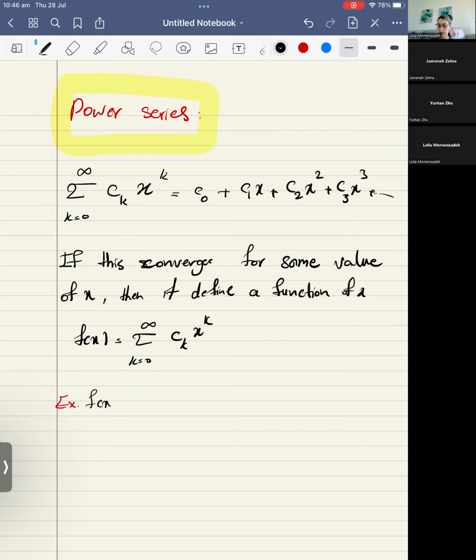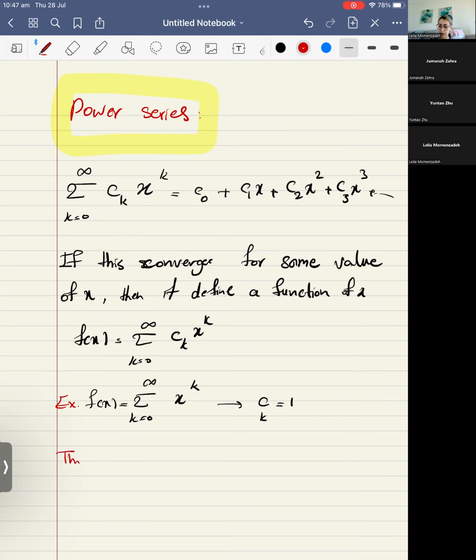For example, f of x is equal to the summation k equals 0 to infinity of x^k. It means now here c_k is equal to 1 because we don't have any number here. Yes, c is equal to 1. Okay, we check this one.